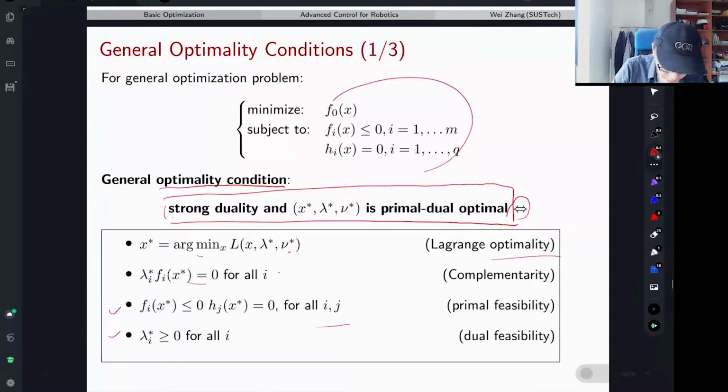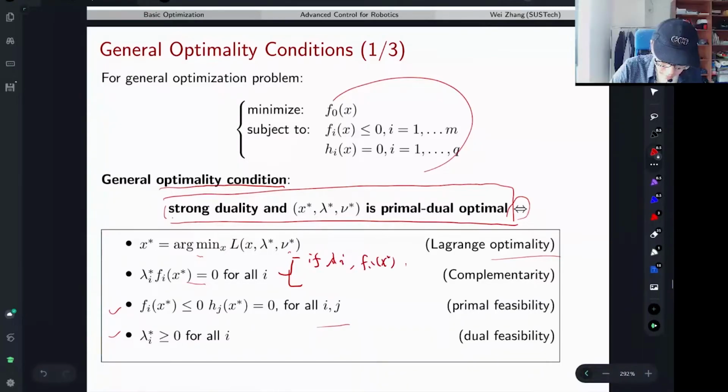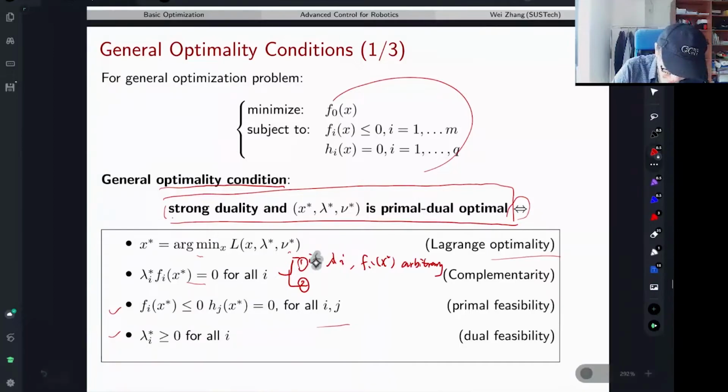That gives us two cases. If lambda i is 0, then fi of x star is arbitrary. In the second case, lambda i can be bigger than 0, then fi of x star has to be 0. That's called the complementarity condition.